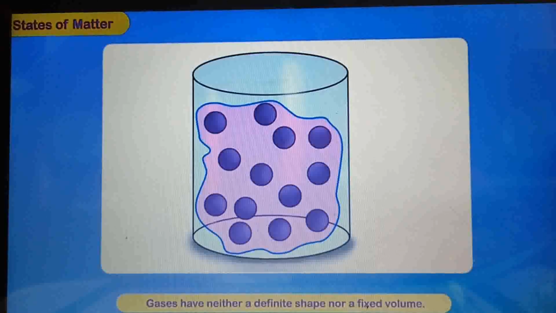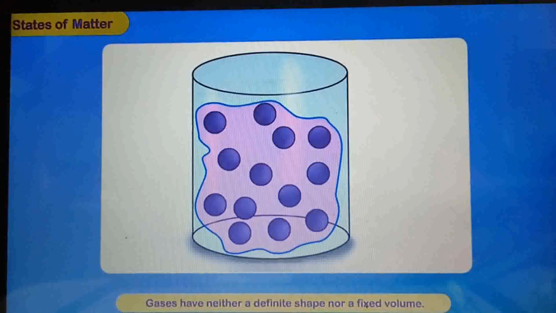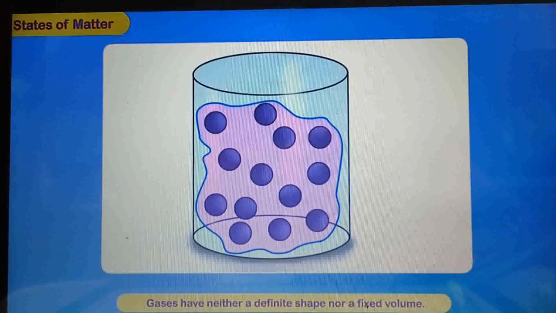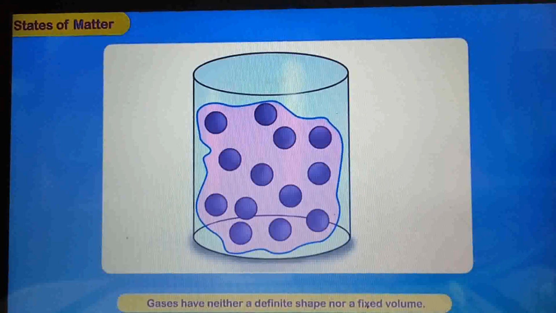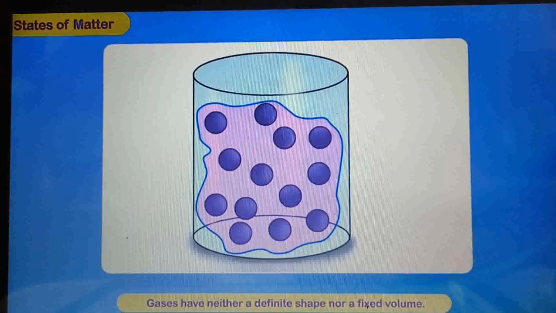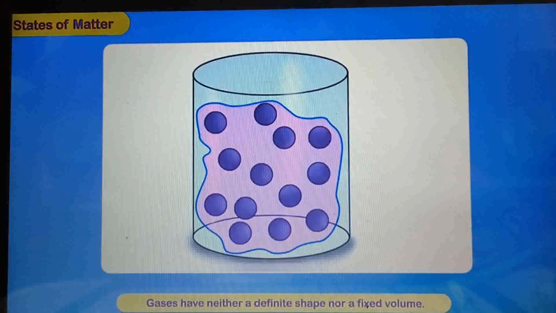If you fill a gas in a small glass, it will completely fill that glass. If you shift that small volume of gas to a big jar, it will completely fill that jar, since its molecules are far apart from each other.